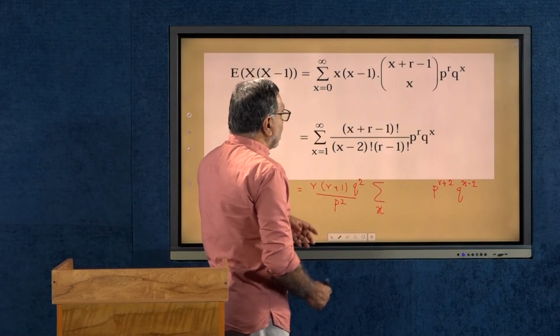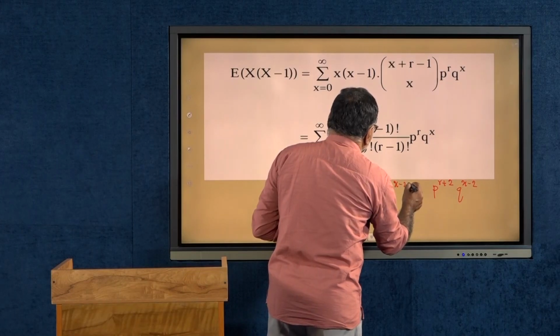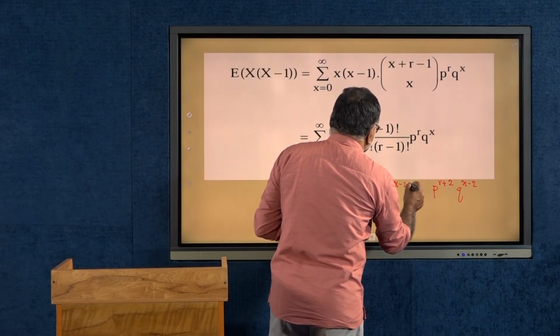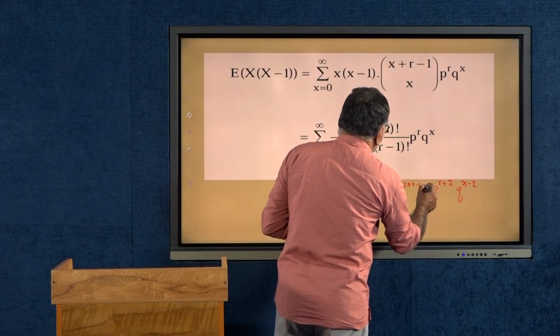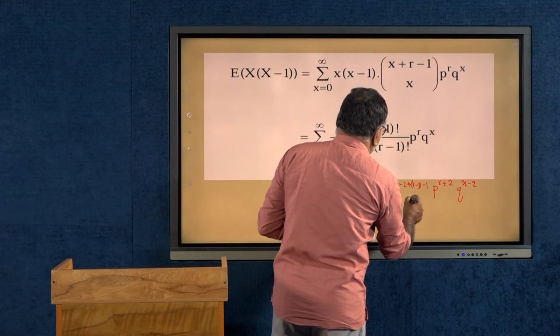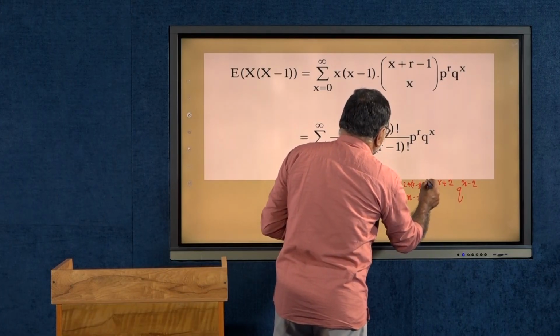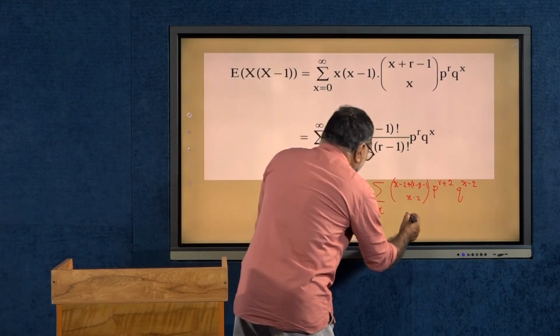The other factors are x minus 2 plus r plus 2 minus 1 C x minus 2. This expression is nothing but our f of x value.